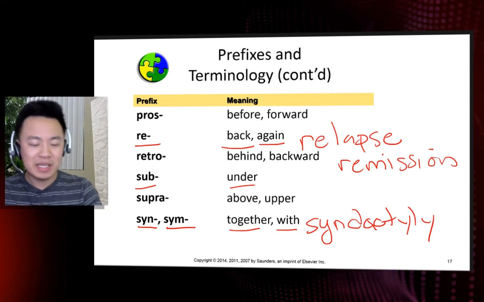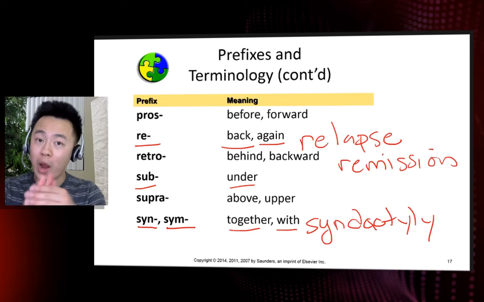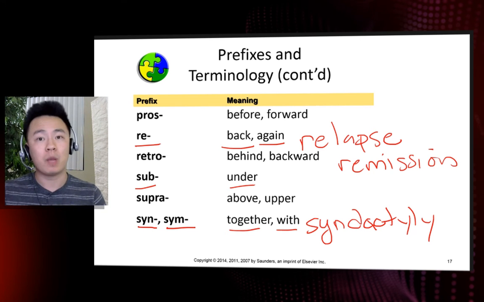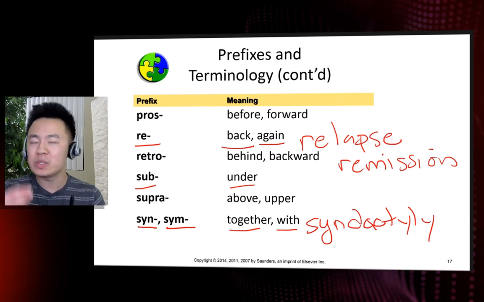We have syndactyly, which is a condition of having webbed fingers or toes, and we'll talk about how this happens a little bit later, but there is a cellular process known as apoptosis.